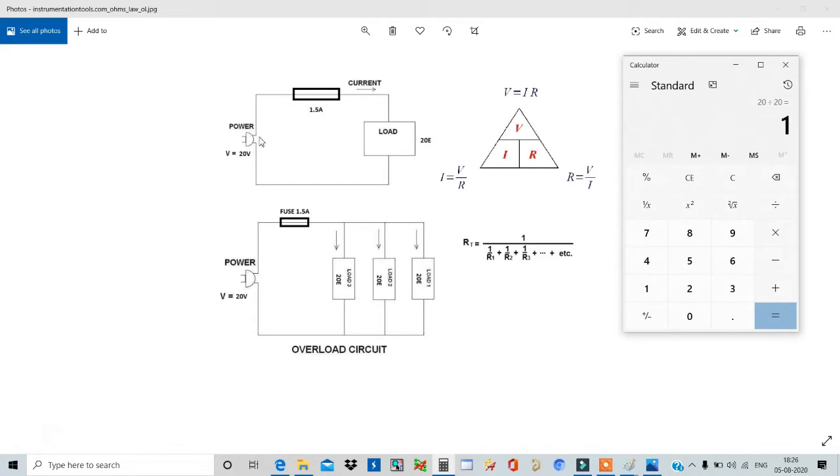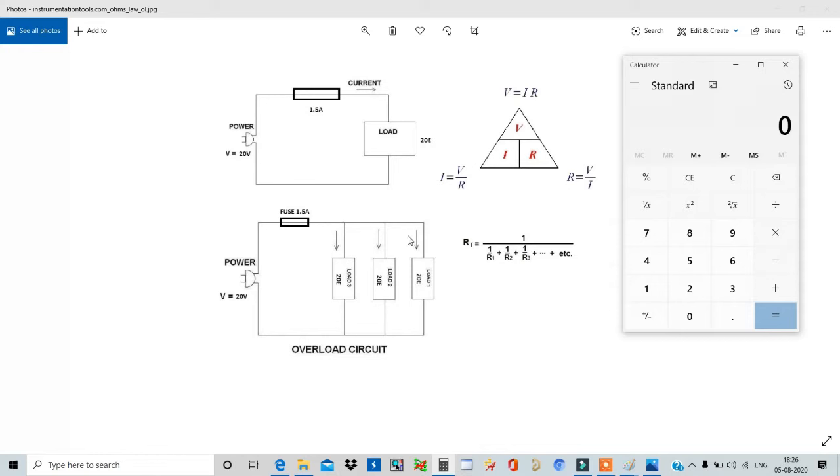So 1 amp will flow through the fuse. Enough. Now come to the overload. What is the meaning of overload? When the resistance value is decreasing, the current will get increased. Okay friends, first we have to understand this concept: resistance value is decreasing, current will get increased.